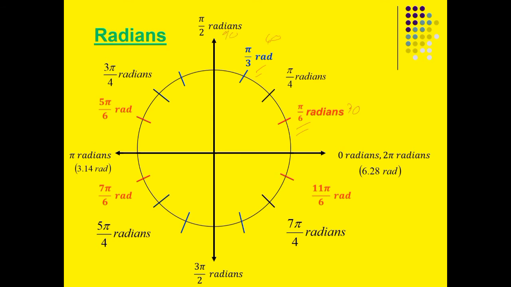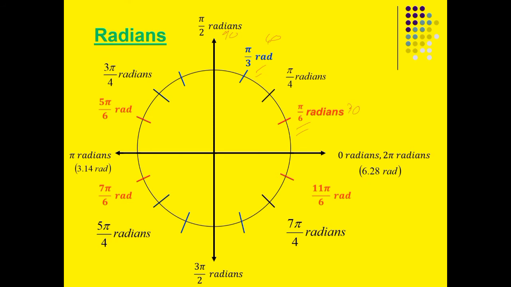So the unit circle from 0 to 90, or 0 to pi over 2, is divided into 3 parts: 1, 2, and 3. Meaning pi over 6 radian is equivalent to 30 degrees, pi over 3 radian is equivalent to 60 degrees, and 90 is equivalent to pi over 2.